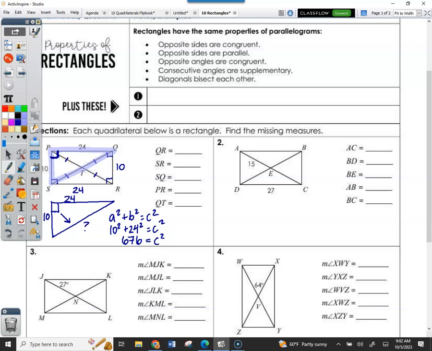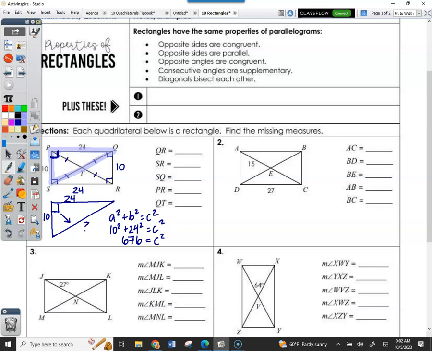Now, how do I undo a squared? What's the opposite? Square root. So you would square root 676 and tell me what you get. You have to type 676 first and then hit the square root symbol, which is why you should be on my calculator instead of your phone. We got 28. I'm just giving a big guess.